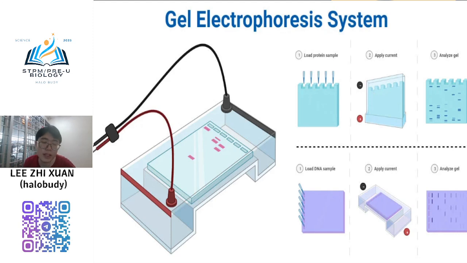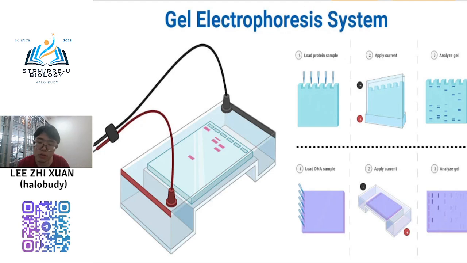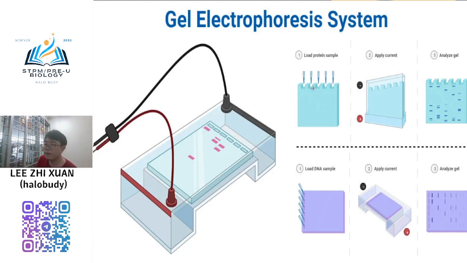Okay, so that's all about the paper chromatography. Now I will proceed to the gel electrophoresis system. This is another technique, one of the famous techniques that you need to know too, based on the syllabus. This is the technique to separate the DNA molecule and also protein molecule based on their size.